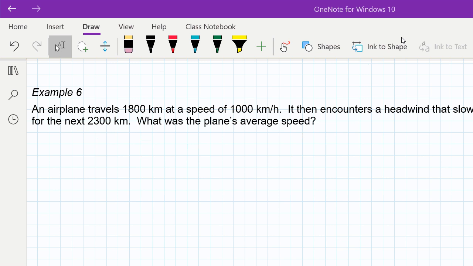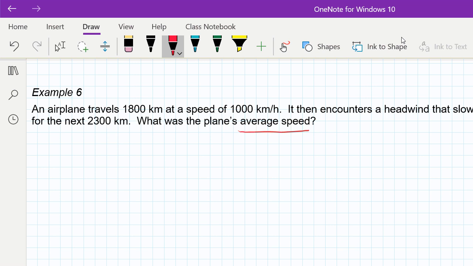Okay, so when you see something like this, and they are asking you for the average speed, the tendency of some students is to take those two average speeds, 1,000 and 850 kilometers per hour, and divide them by 2. Why? Because they say, oh, well, I have two parts of the motion here, velocity 1 and velocity 2.